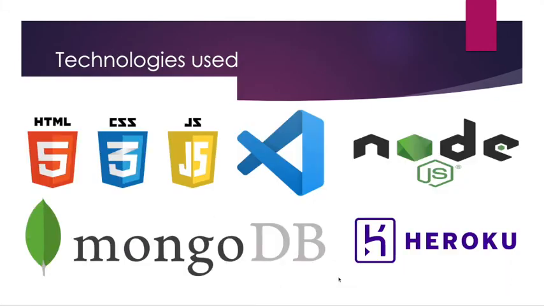The technologies that will be used for the proposed system are HTML, CSS, and JavaScript, Visual Studio Code, Node.js, MongoDB, and Heroku Server. So, Visual Studio Code uses several programming languages to build an application.